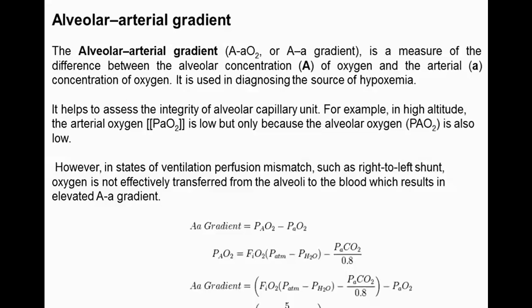So easy. Just understand this and you will excel. If the patient has hypoventilation, the alveolar pressure will be lesser, and the arterial PO2 also will be lesser because the alveolar decreased, so the gradient decreased. It's clear?